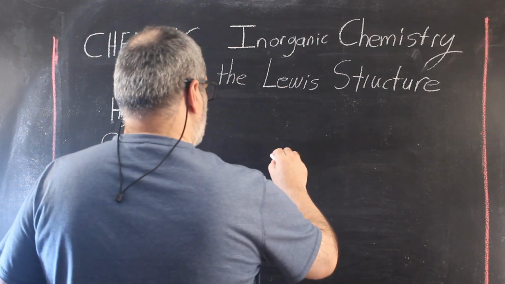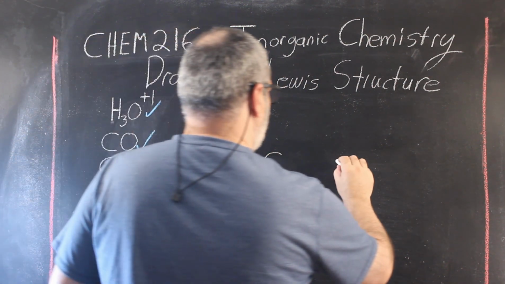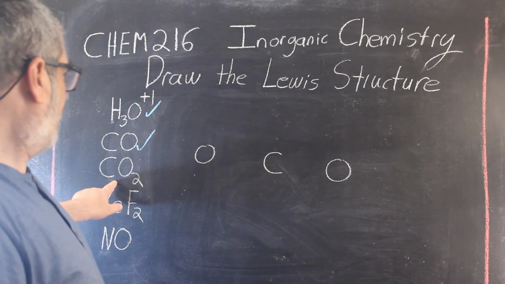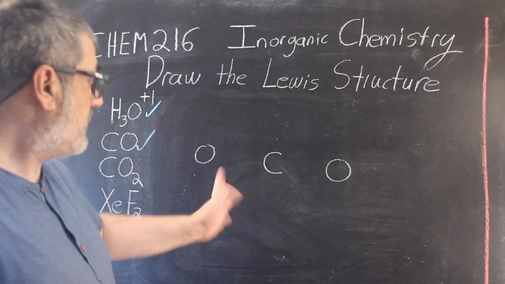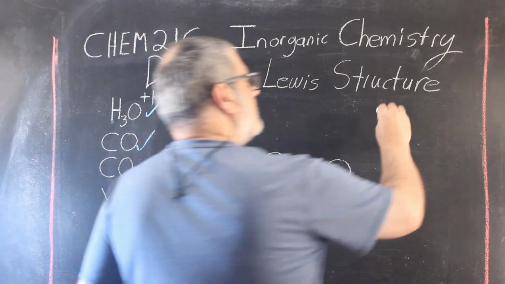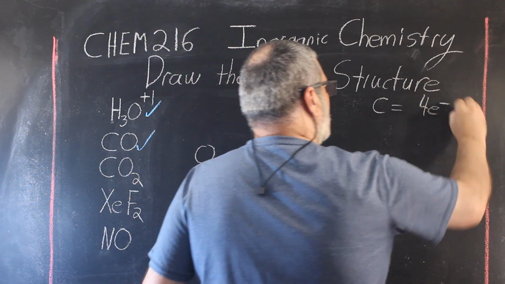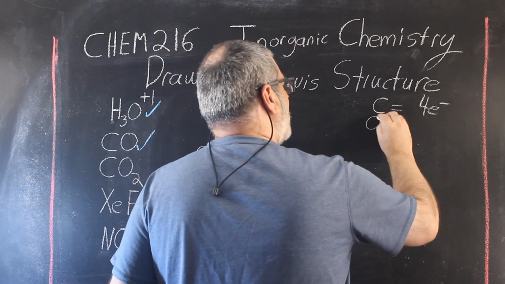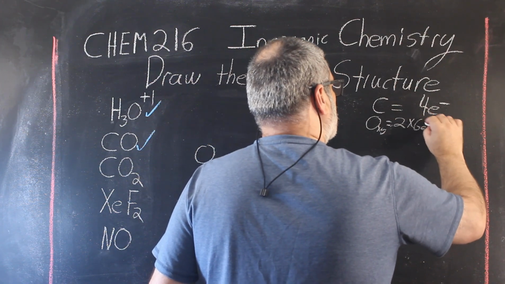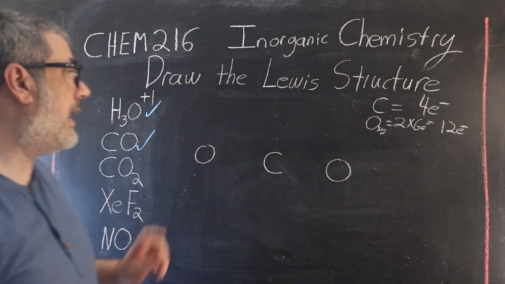So we can put the carbon here, oxygen on either side, again for symmetry. So now again, we've got our formula, we've got the beginning of our structure, but we need the electrons. So carbon has 4 valence electrons. Oxygen, well, it's going to be 2 times 6, because obviously we have 2 oxygens.